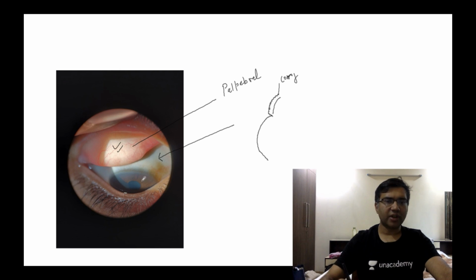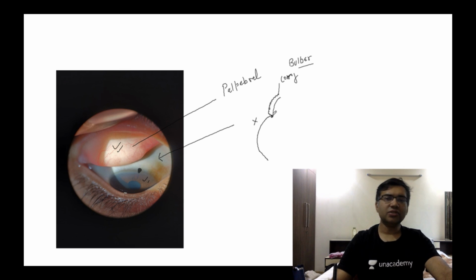then we have the cornea. So this area which you are seeing, this is a transparent structure which is cornea. Remember, the conjunctiva does not basically cover the cornea. So bulbar conjunctiva is there on the sclera, but it is not covering the cornea.